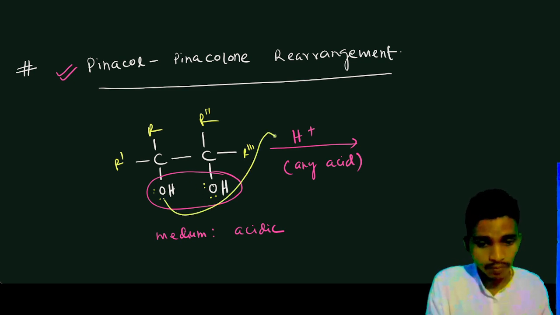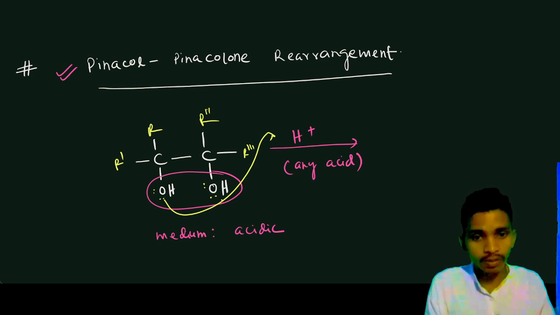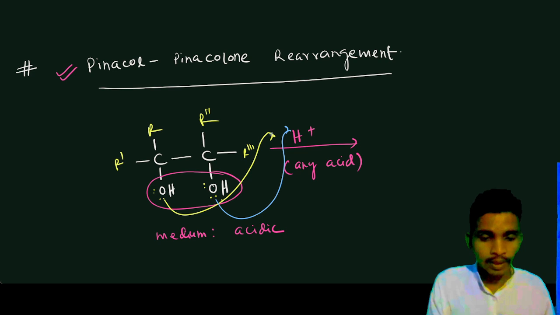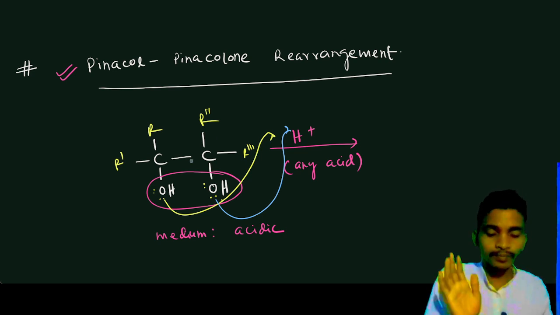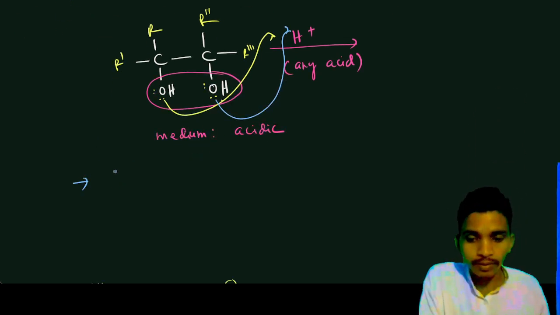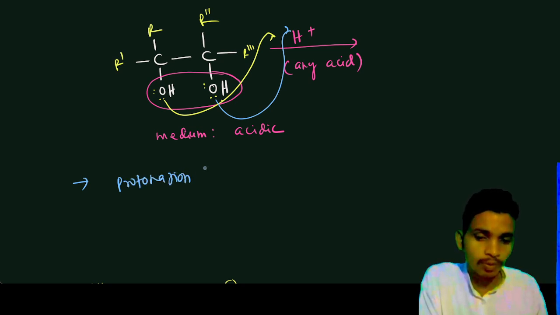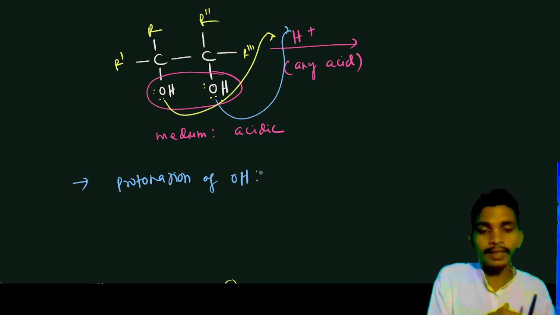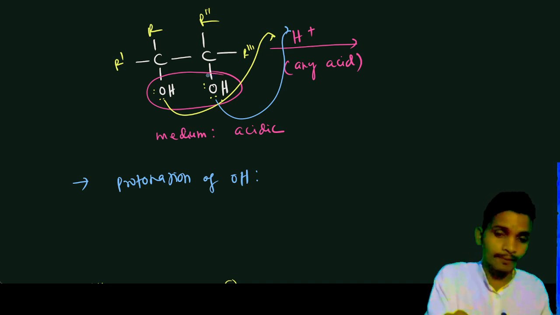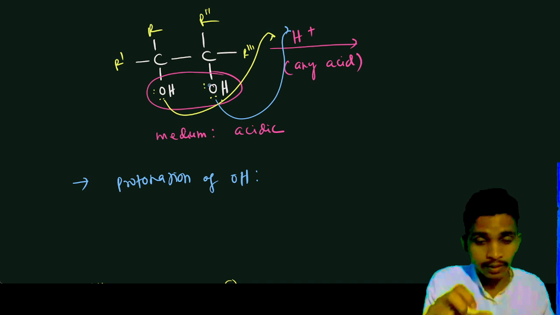Either this will do or this will do. So how do we decide? Protonation of OH happens without rearrangement, and after protonation the leaving group becomes water.